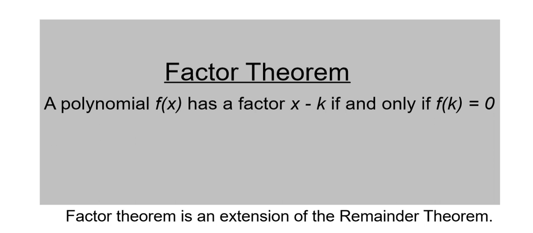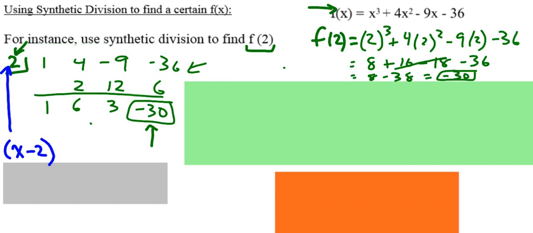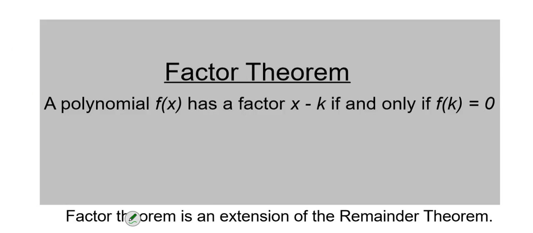So if we go back here, our remainder wasn't 0, which tells us 2 didn't go in evenly, so x minus 2 is not a factor. But if we got a remainder of 0, we would say 2 goes in evenly, which means x minus 2 is a factor. So the factor theorem is a very specific way, an extension of the remainder theorem.